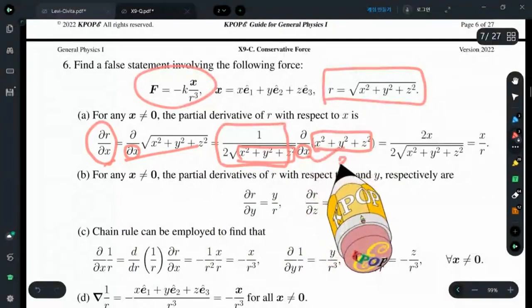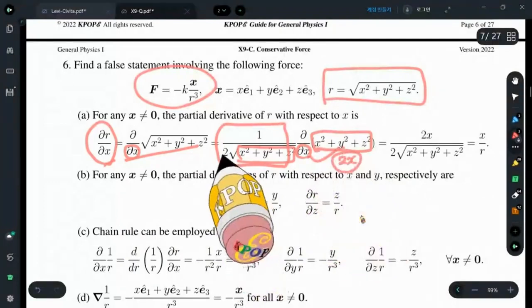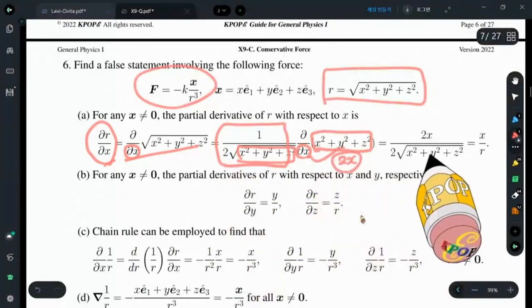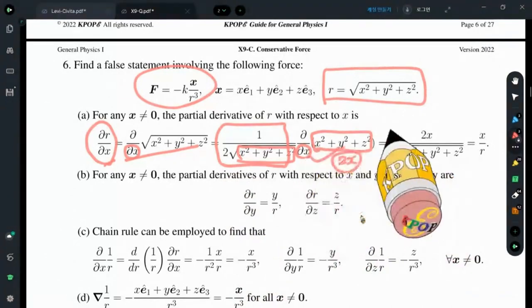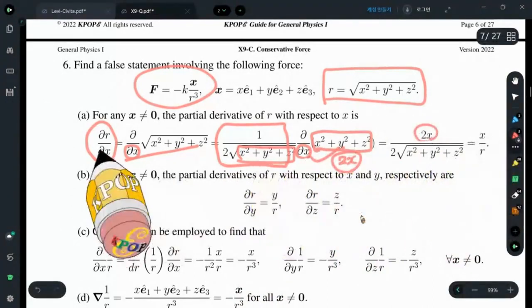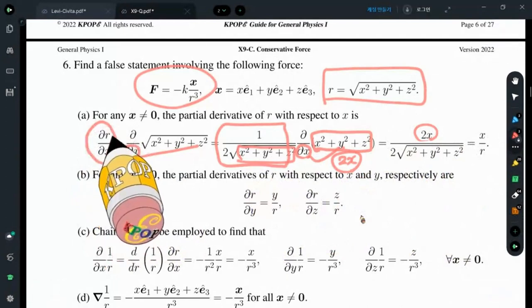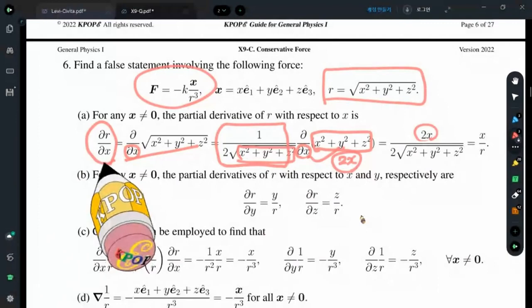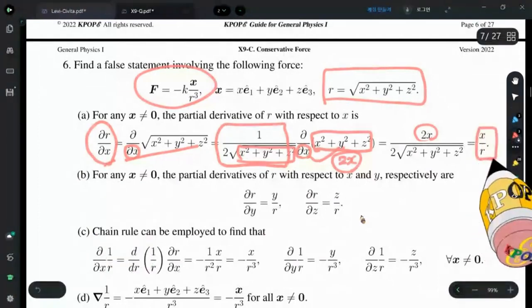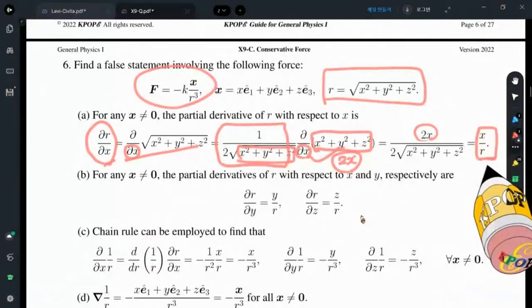Then this is trivial, it is just 2x, right? So I have 2r in the denominator and 2x in the numerator. So the partial derivative of the radius with respect to x is just x over radius.